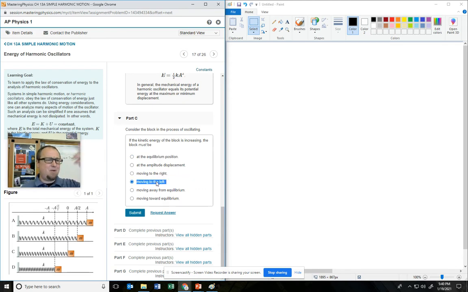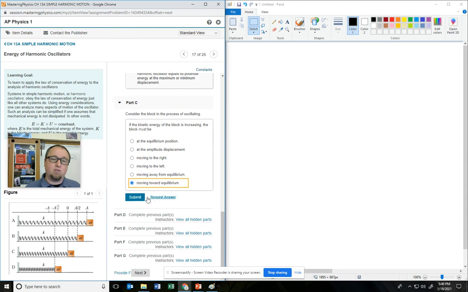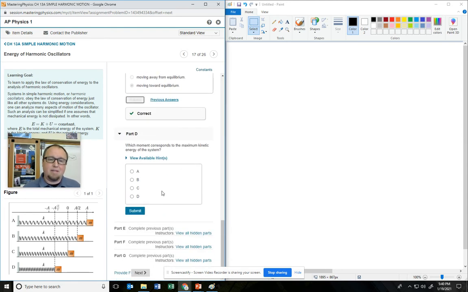No, it depends on whether you are past equilibrium or not. At the amplitude, how fast are you going? You're going 0, right before you lost energy, right after you gain energy. So it can't be that one. If you're moving away from the equilibrium, you're slowing down. But if you're going towards equilibrium, you're speeding up because your maximum speed is at equilibrium. So as you head towards equilibrium, that's when you speed up.